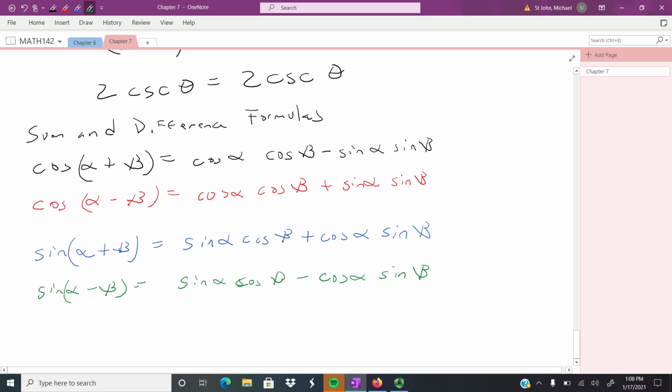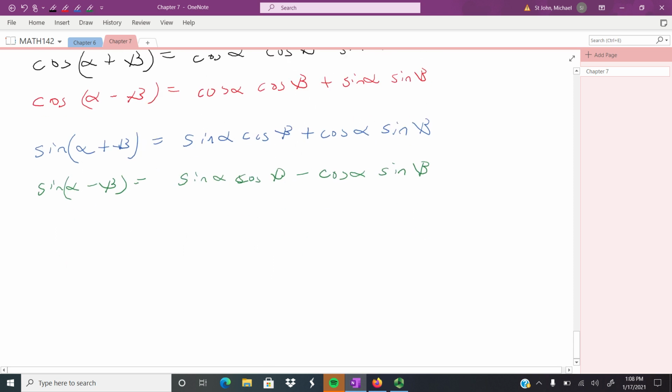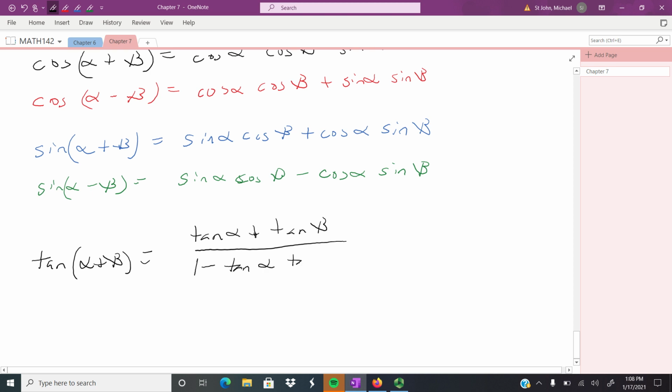So we have sine functions, we have one for cosine, and then we also have a set for tangent. And so we can have tan of alpha plus beta equals tan alpha plus tan beta over 1 minus tan alpha tan beta.